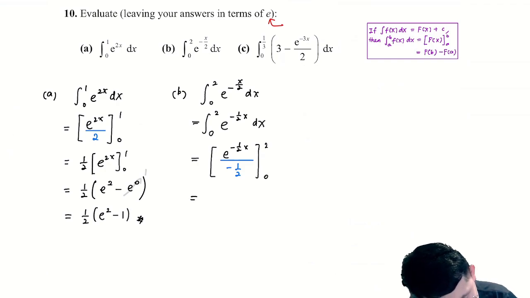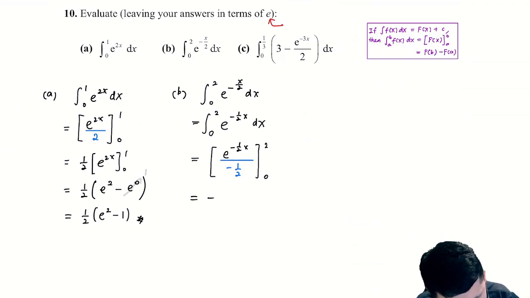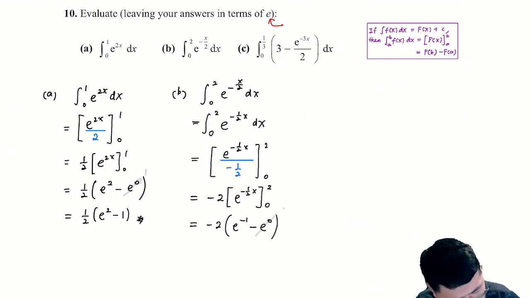Okay, so next step, change, flip, and bring the constant multiple out. So I have negative 2 on the outside. Now we sub. So negative 2, we have e to the power of negative 1 minus e^0, like that. e^0 over here is just 1.